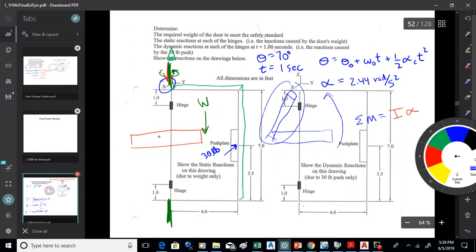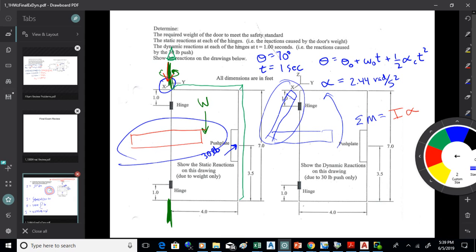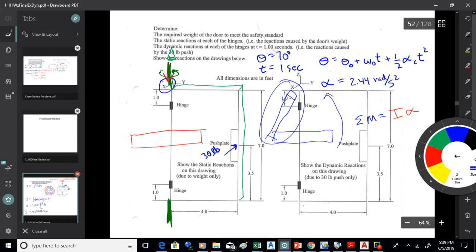So let's take the position of the door here, even though it's angled, and draw it flat, just so we've got a nice simple sketch. Draw that rectangular door in the position shown and put the forces and accelerations on it. Pause the recording and do that, then come back and we'll have a look at it.